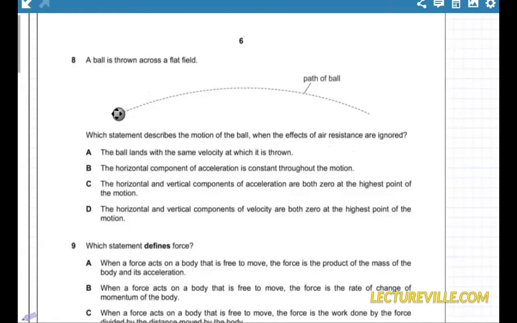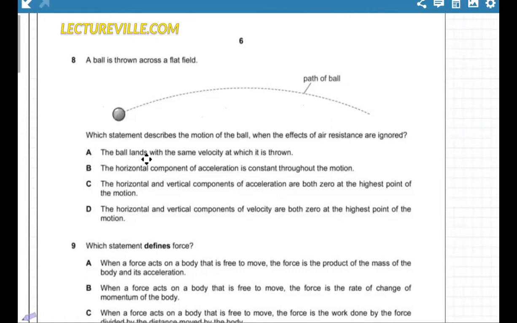It is travelling with a constant speed across, and its vertical speed will be increasing and decreasing depending on whether it is going up or coming down. It will be having an increase of speed while coming down and decrease of vertical speed when it is going up. But if resistance is ignored, this upward and downward acceleration will be same, and across the screen right now, object will be travelling with constant speed.